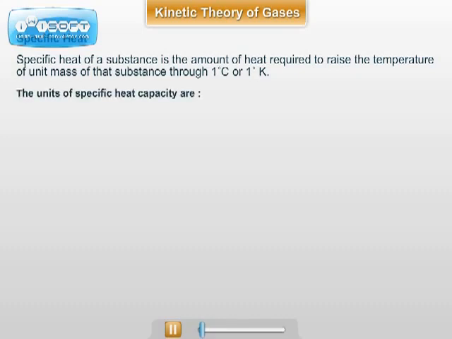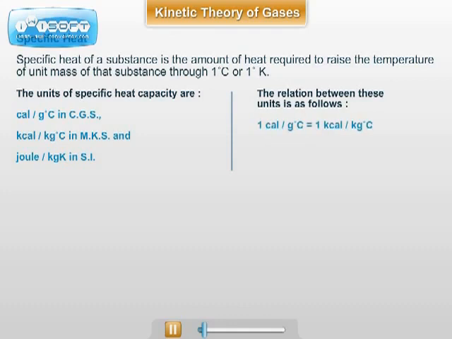The units of specific heat are calorie per gram degree Celsius in CGS, kilocalorie per kilogram degree Celsius in MKS, and joule per kilogram Kelvin in SI, such that 1 calorie per gram degree Celsius is equal to 1 kilocalorie per kilogram degree Celsius. 1 calorie per gram degree Celsius is equal to 4.2 joule per kilogram Kelvin, and 1 kilocalorie per kilogram degree Celsius can be written as 4200 joule per kilogram Kelvin.